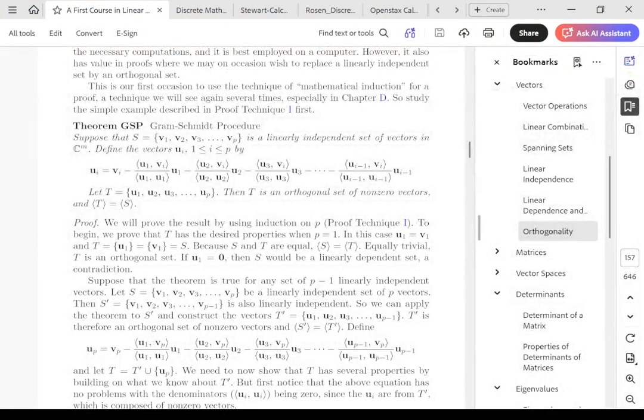in our textbook. Okay. All right, so here, this video, we're going to go in depth into this Gram-Schmidt procedure. So it states, suppose that S is equal to V1, V2, V3, up to Vp, is a linearly independent set of vectors in Cm.